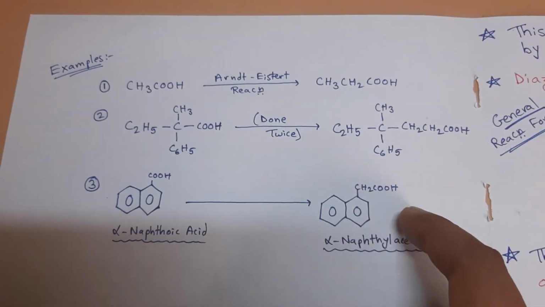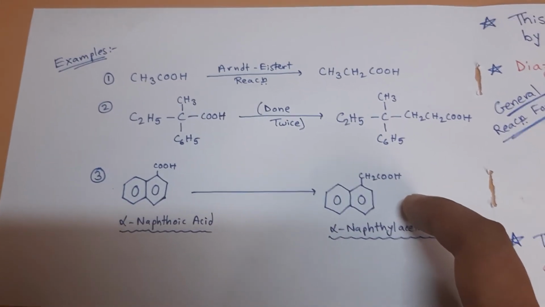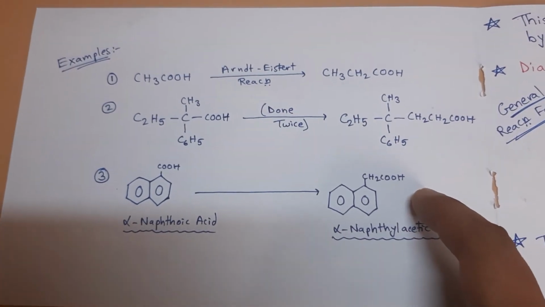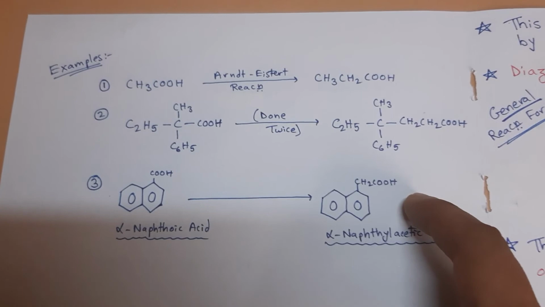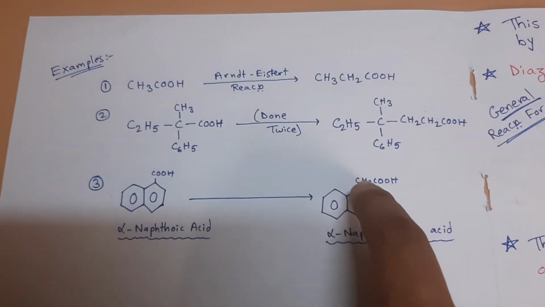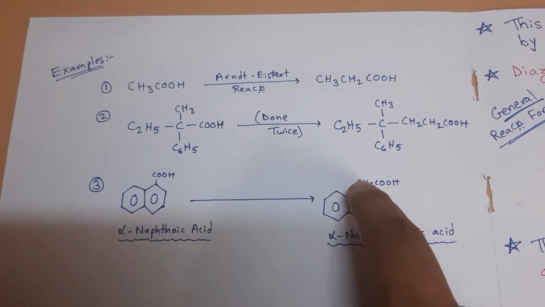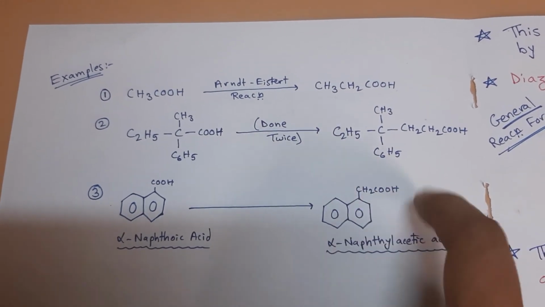You can call it the right hand side or even the left hand side, because it's a mirror image, so it doesn't matter. But what matters here is that there's an addition of CH2, which is a methylene group, in the carboxylic acid chain.